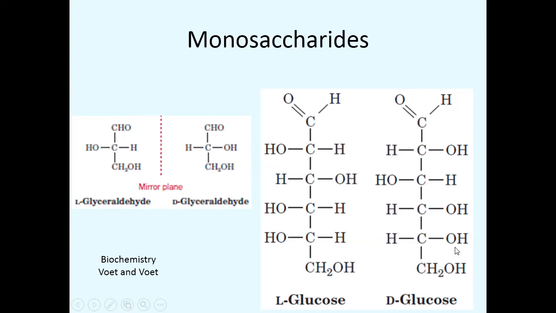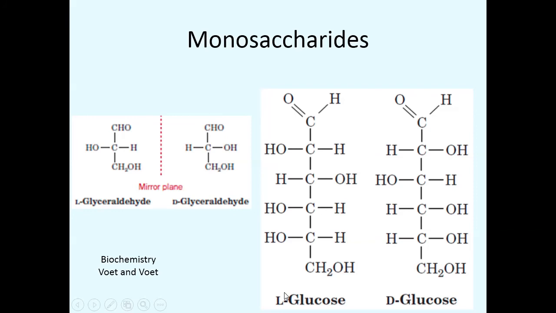So we look at the arrangement of atoms around carbon 5. If the hydroxyl group of carbon 5 projects to the right side, similar to D-glyceraldehyde, this is the D form of glucose. But if this hydroxyl projects to the left side of carbon 5, like it does in L-glyceraldehyde, the given molecule is L-glucose.